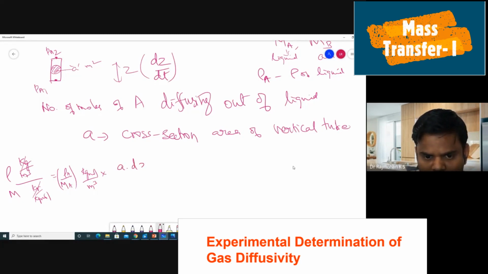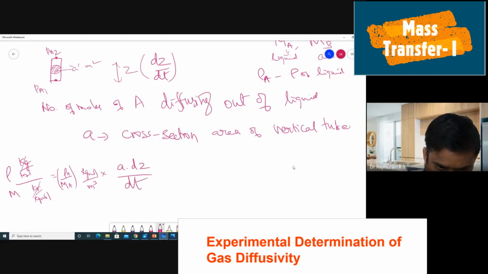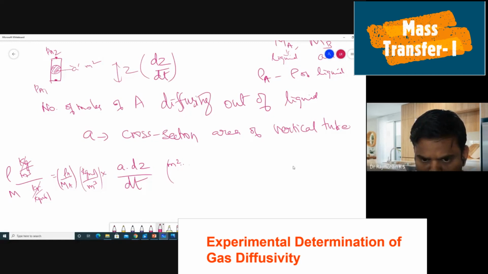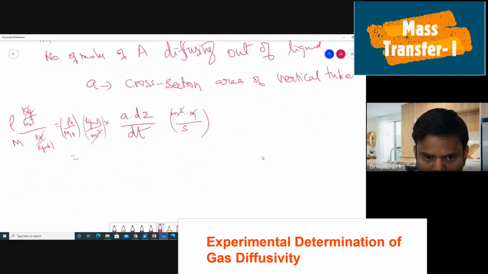A into dz by dt. What is the unit? Meter square into meter by second, so we get meter cube per second. Don't confuse the values here. So what you have is A into rho A by MA into dz by dt.